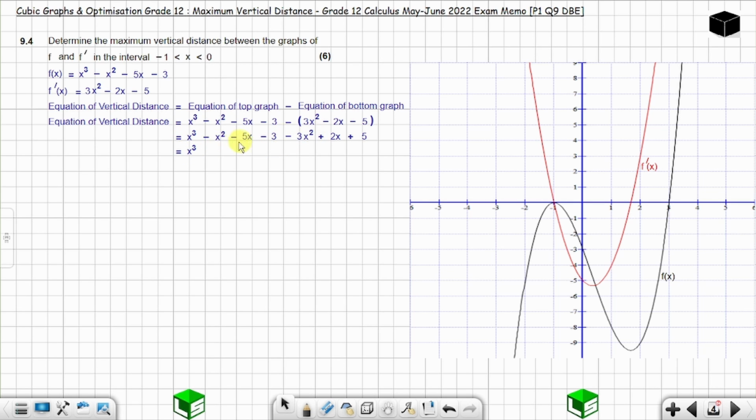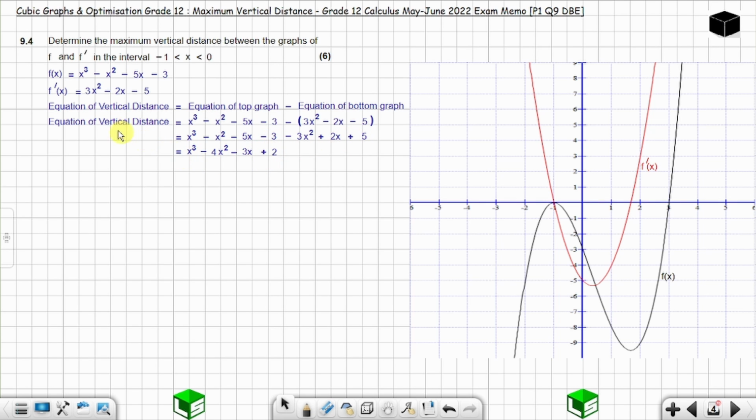Your like terms are this and this: negative x squared minus 3x squared, which is minus 4x squared. And you have this and this: negative 5x plus 2x, which is negative 3x. And you have this and this: negative 3 plus 5, which is plus 2.